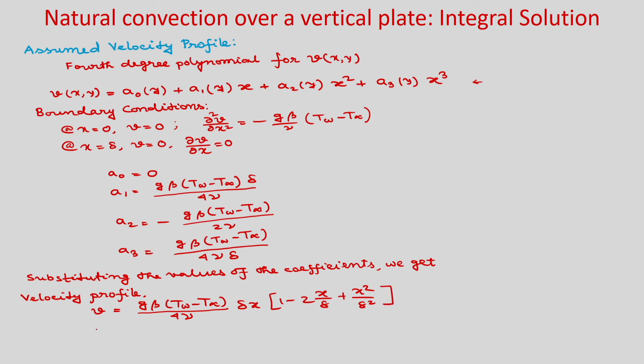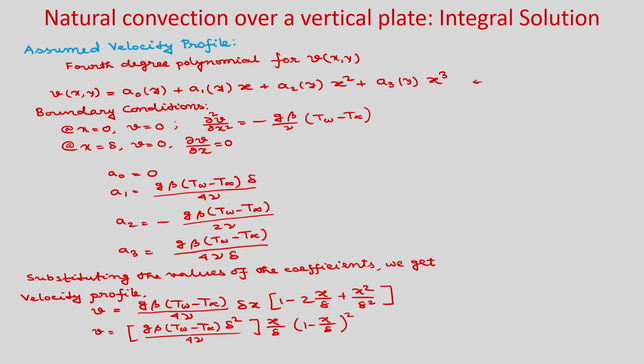Okay. If you rearrange it, you will get g beta (T w minus T infinity) delta square divided by 4 nu, times x by delta, times (1 minus x by delta) square.